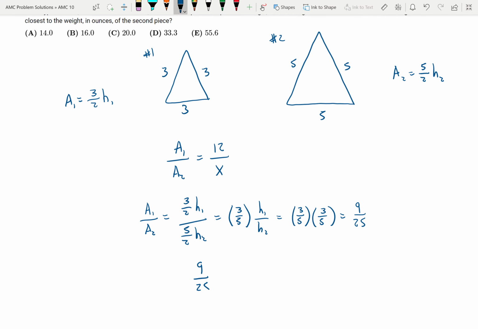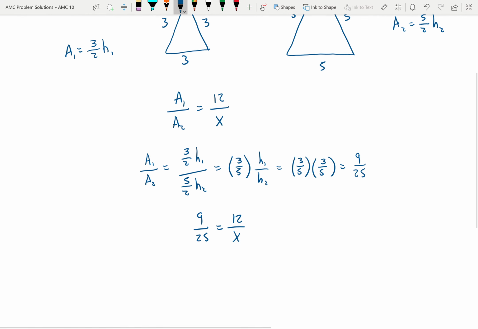So therefore, 9/25 is equal to 12 over x. And we just solve that. So 9x is equal to 300. If you divide both sides by 9, you should get x equals, or first just divide both sides by 3 because that's easier. 3x equals 100.